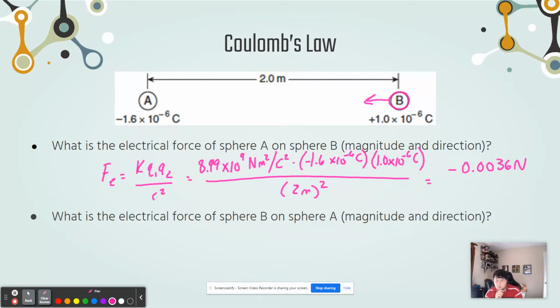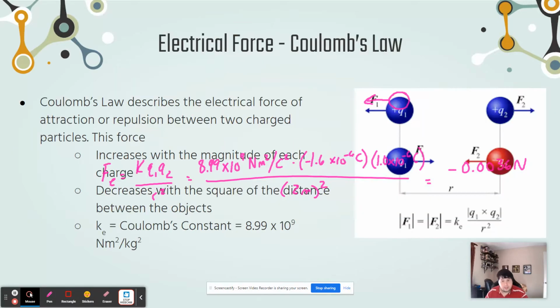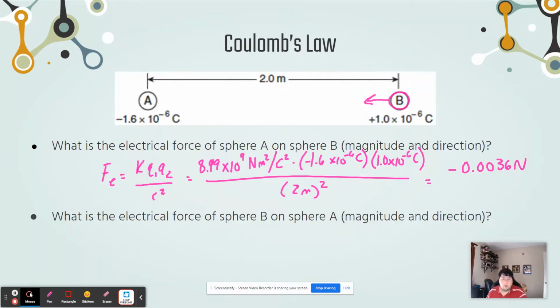Then this next one asks, what's the electrical force of sphere B on sphere A? There's a few different ways you can think about this. I want to go back and take a look at that picture one last time on the previous slide, which shows you that these two forces, F1 and F2, are equal to one another. So remember from Newton's third law back from physics 1 that the force of one object on another is equal to the force of that second object on the first, so there must be equal and opposite forces.